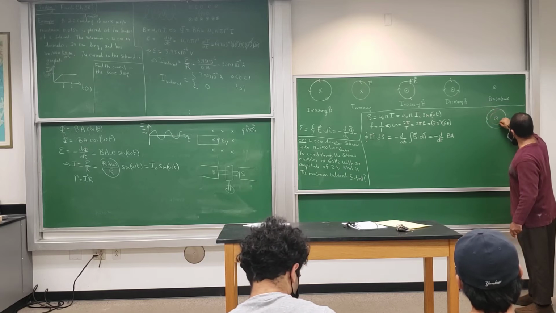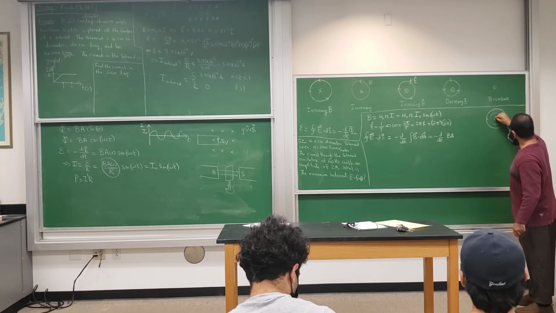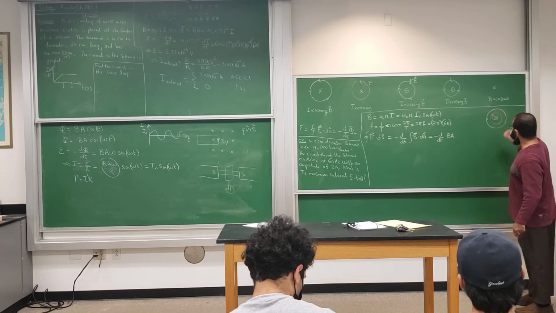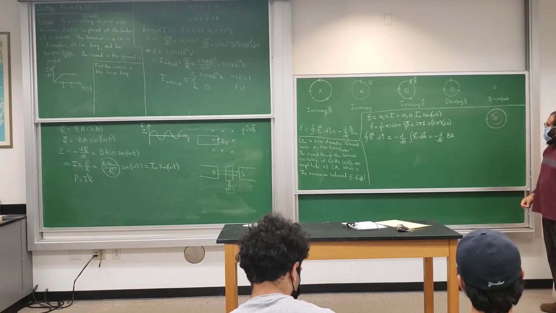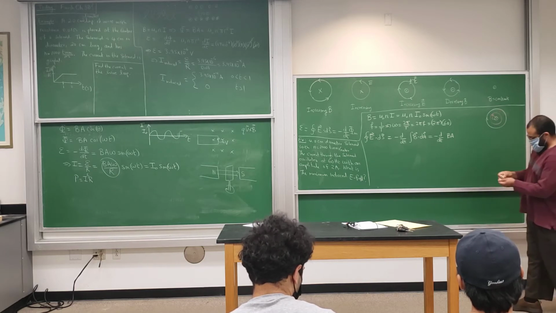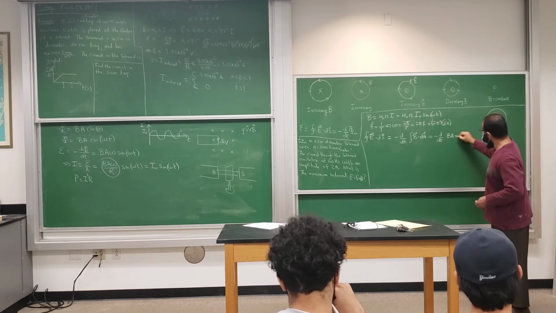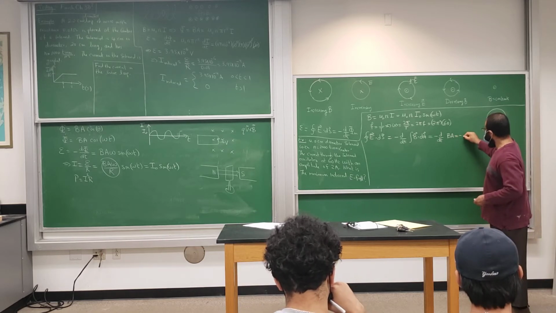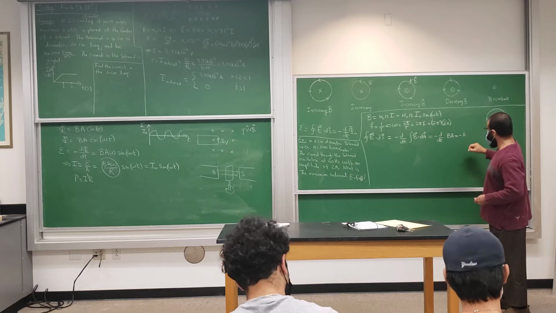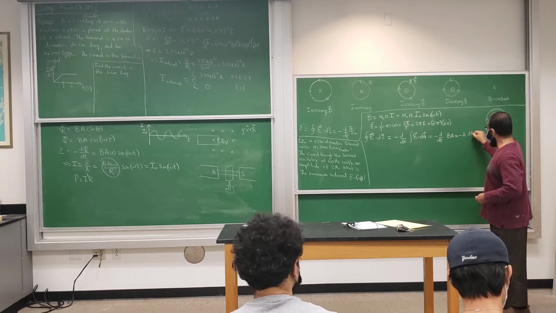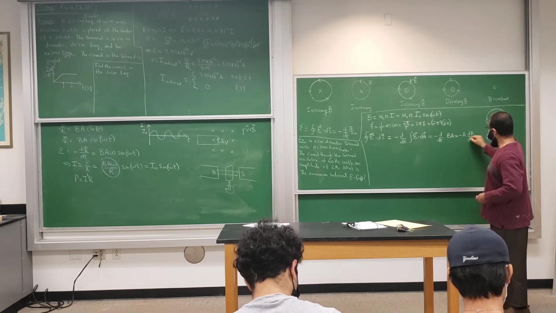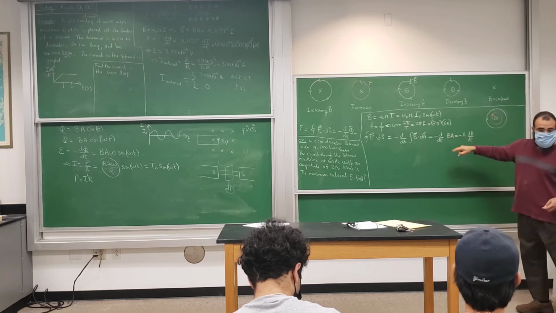I'm going to choose a loop of radius r. So I get minus the area of that loop times dB/dt. Do we agree with that? The area is fixed, the magnetic field is the one changing.